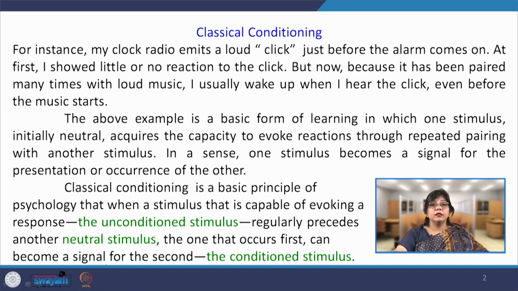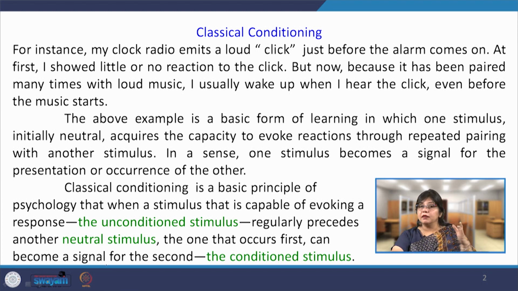So, classical conditioning is a basic principle of psychology: when one stimulus is capable of evoking a response, that is the unconditioned stimulus. Here the unconditioned stimulus is the loud sound of the alarm, at the second step, not the click, but the alarm music, which is unconditioned in the sense that it does not have to be manipulated at all, and the person knows that as soon as after the click there is another sound, it is the alarm and I have to get up from my bed.